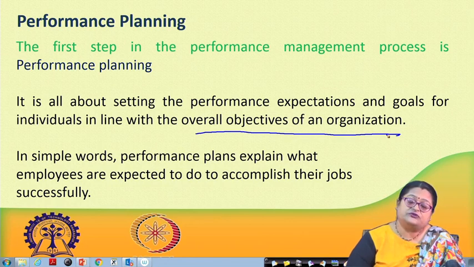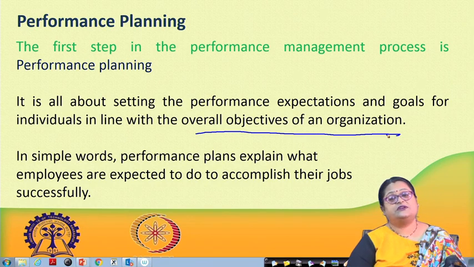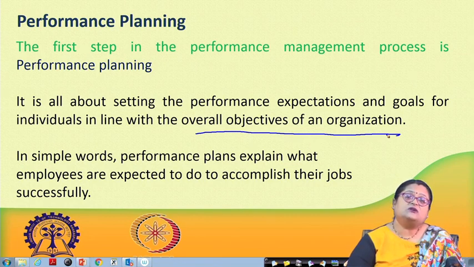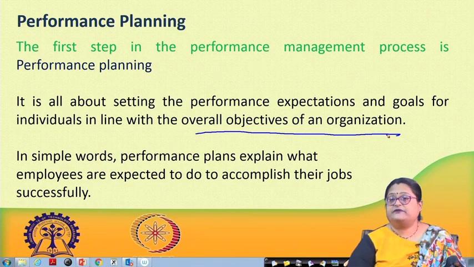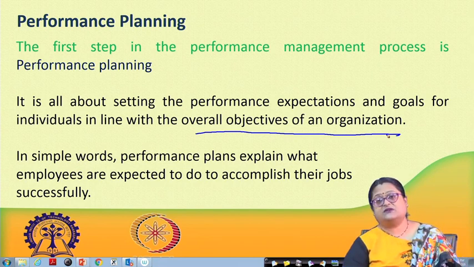So, when we talk of the overall objectives of an organization, having a clear concept, well written vision, mission statement, which is not very ambiguous in nature, is very important. In the future modules, when we will be doing some exercises, maybe we will take up exercises on these also.